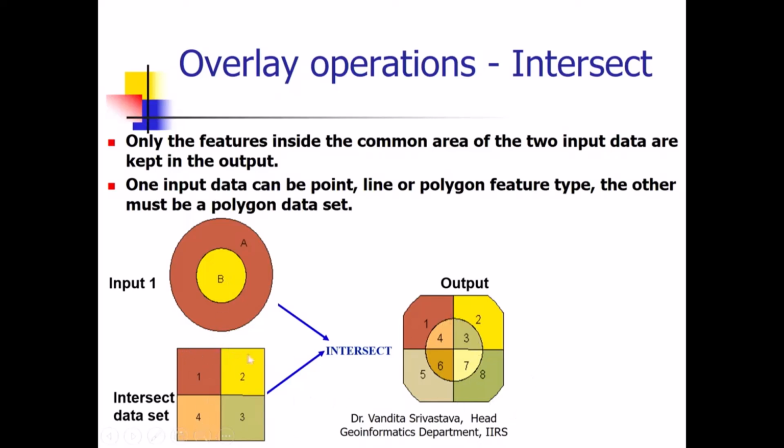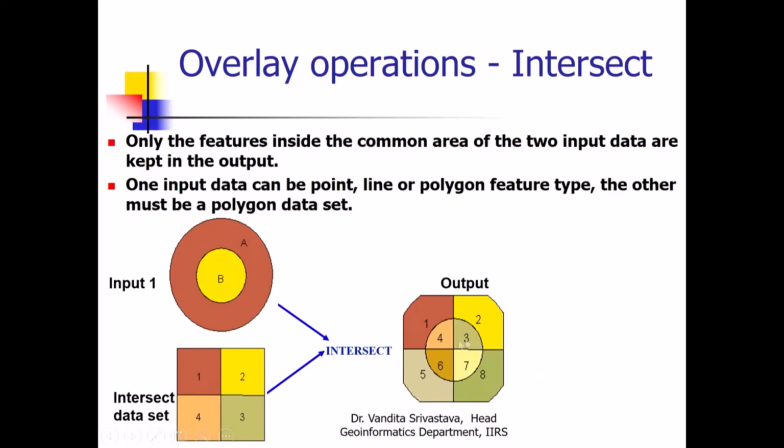The corners of this rectangle are not present. Similarly, some part of the circle is not present here because this is uncommon area, not common to both the maps, but the attributes that are copied are from both the layers. Okay, 1, 2, 3, 4 as well as A and B.